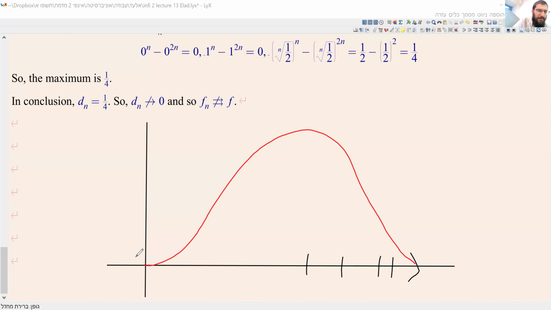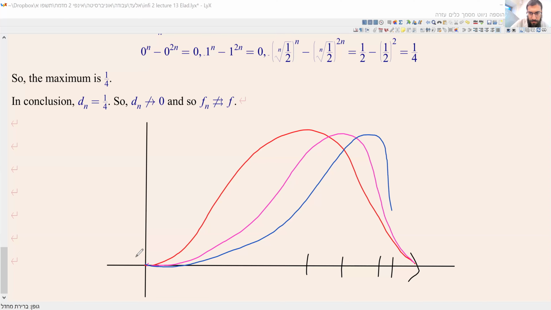Let's say something like that, and then something with a different point of maxima, but the same quarter height, from 0 to 0. And let's say in blue, some other function, it gets its maximum even later, and so on. This is how the functions look.